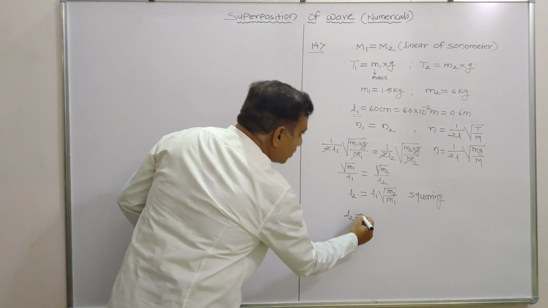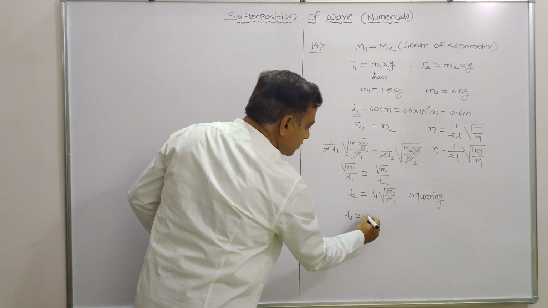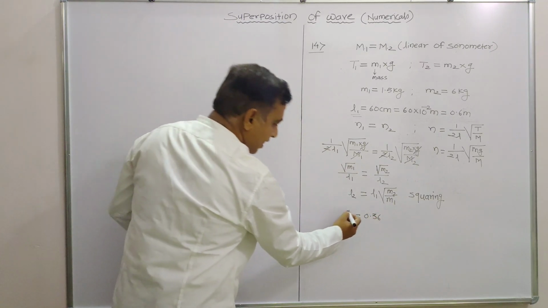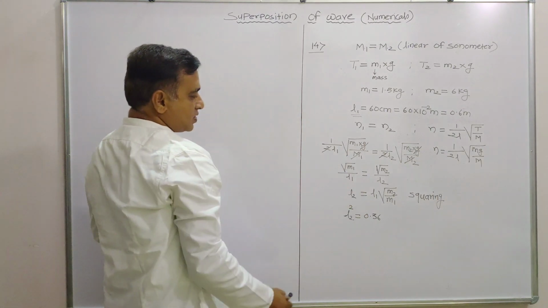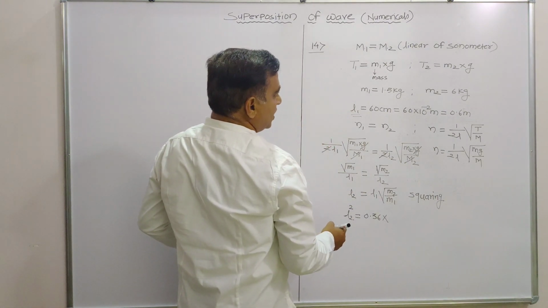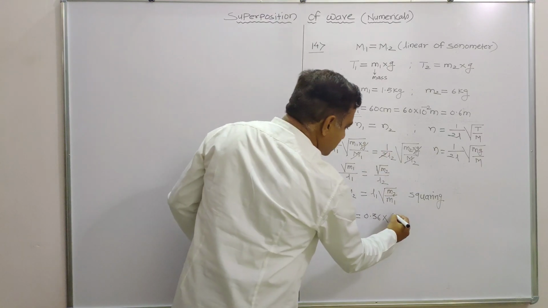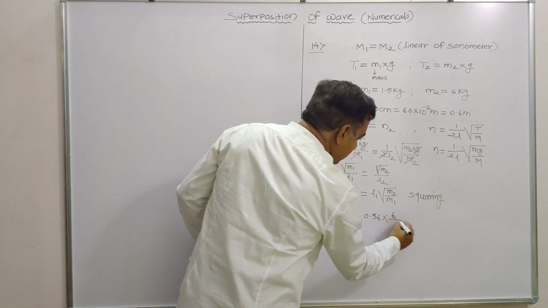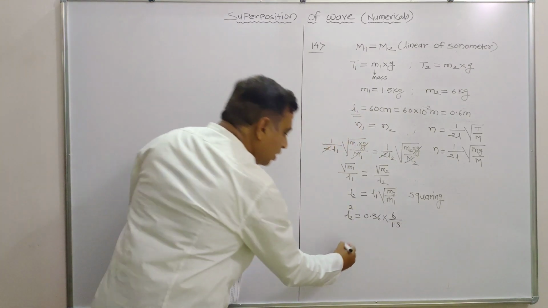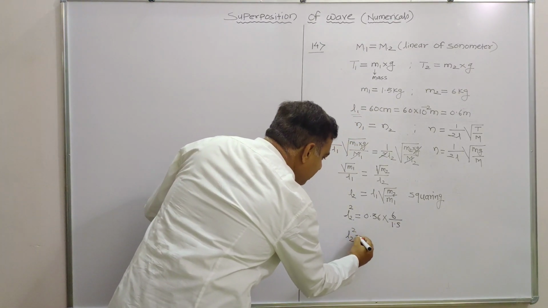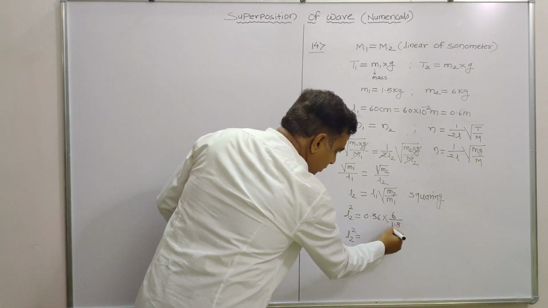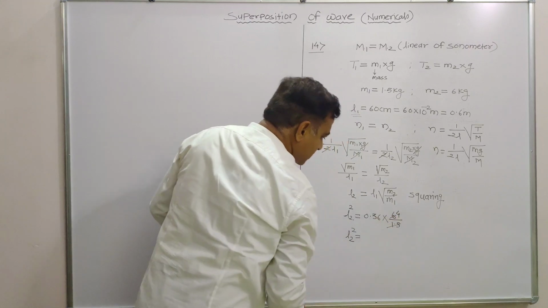L2 is equal to, substituting now one by one. Squaring L1 comes out to be 0.36. After squaring both the sides, M2 is 6, divided by 1.5. So L2 square is equal to this much. 6 divided by 1.5 is 4.